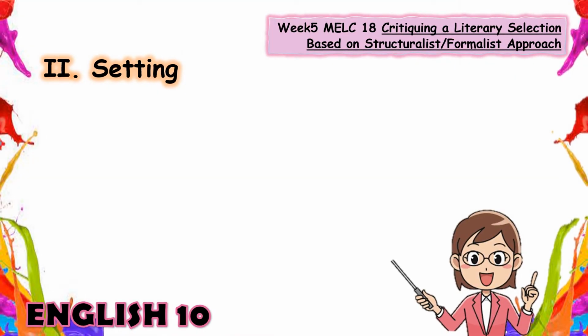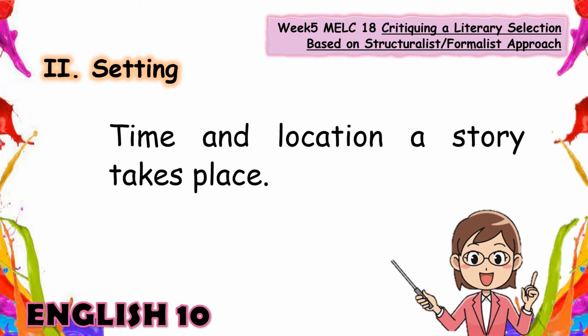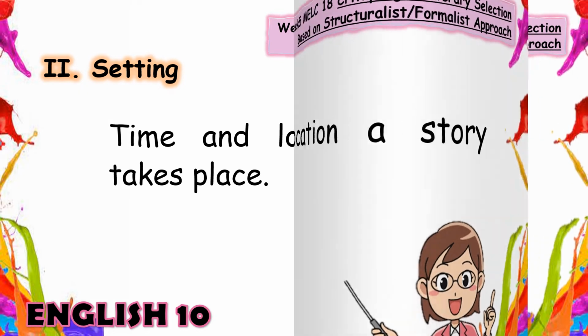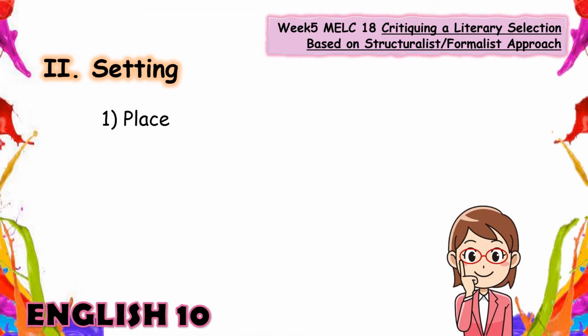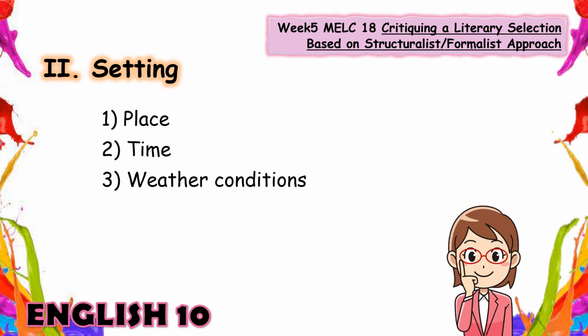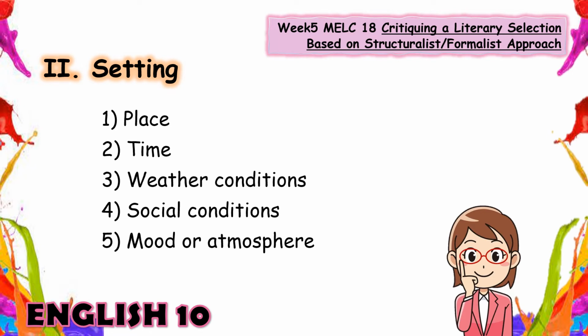The second literary term is the setting. It is the time and location where the story takes place. For setting, we have place, time, weather conditions, social conditions, and mood or atmosphere.